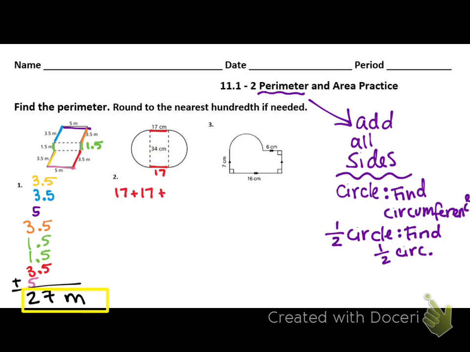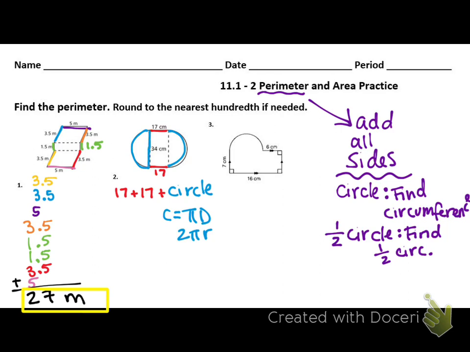But then we have to add in whatever the perimeter is of this circle. So to find the perimeter of a circle, the perimeter is called circumference. You can either use pi times d or 2 pi r. You just want to pick which one you were given.